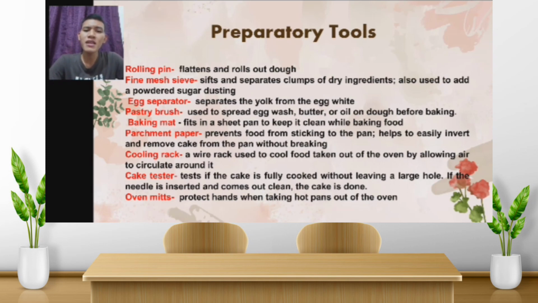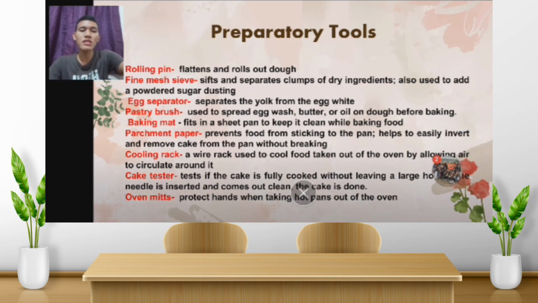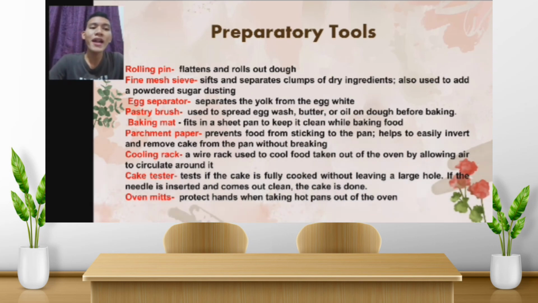Next, we have the cake tester. It tests if the cake is fully cooked without leaving a large hole. If the needle is inserted and comes out clean, it means the cake is done. Okay? Imo na to siyang itusok. If naa siya may apil or nadagit inigbuhot, it means it is still not cooked.